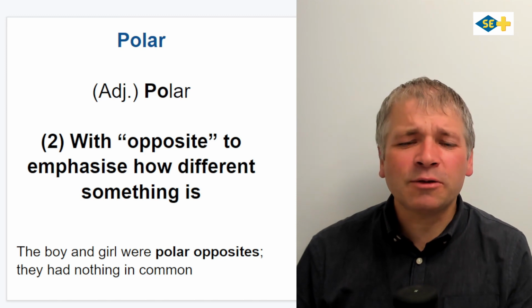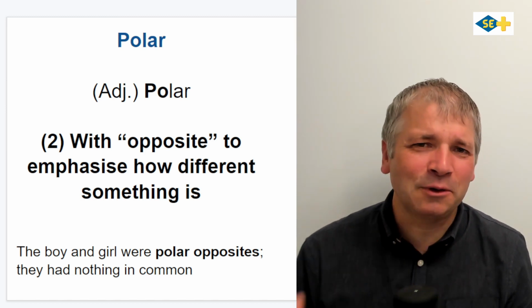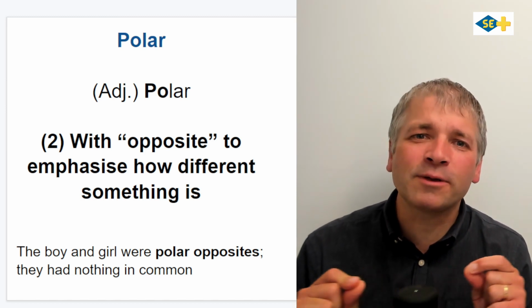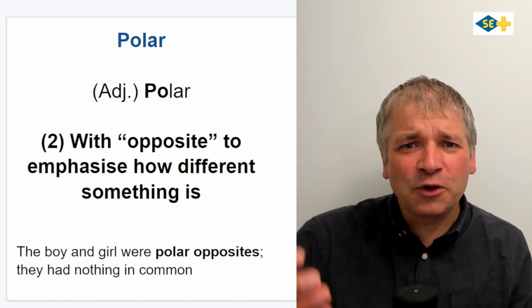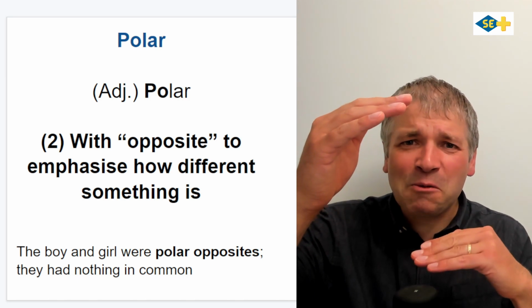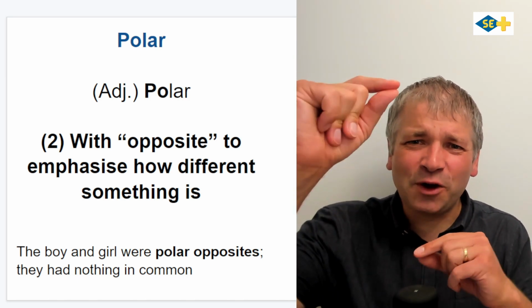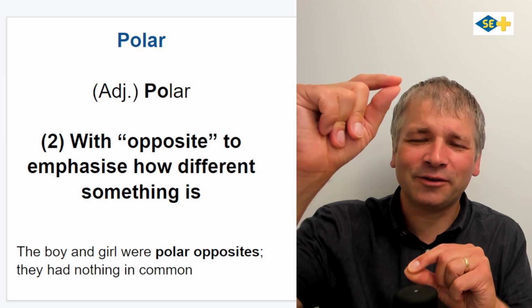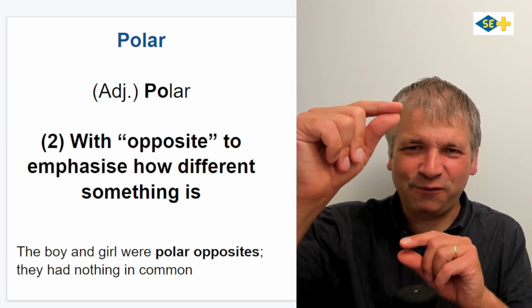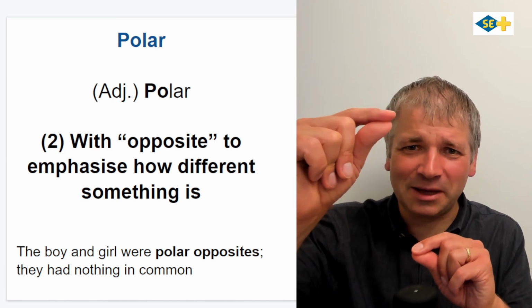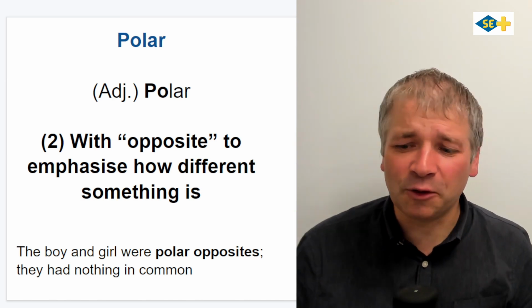And here we use the word polar to make it absolutely clear. They really are as opposite as they can be. And it's using the picture of the North Pole and the South Pole and that idea that these are the furthest 2 places apart on the planet. So a polar opposite is as far away from each other as can be. So that's the second meaning of polar.